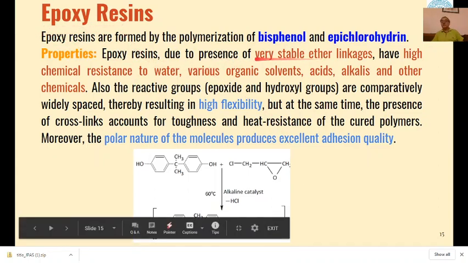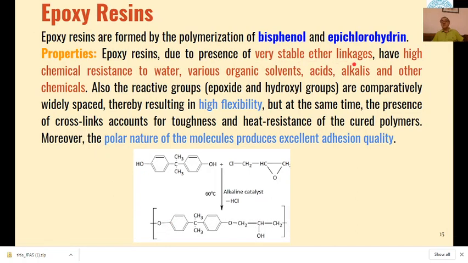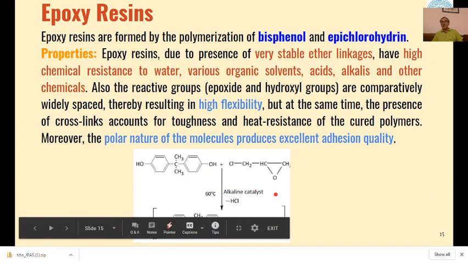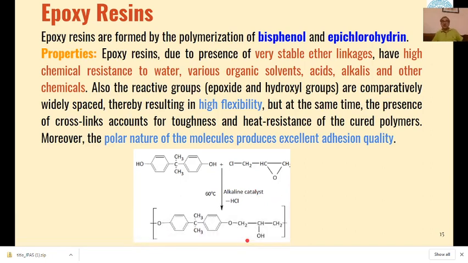Due to the presence of these ether linkages, these polymers are very stable, and because of that they have high resistance to water. So they are hydrophobic in nature. They are not affected by organic solvents, acids, alkalis, or other chemicals. Because of the ether linkage and the OH group present, they are polar in nature also.